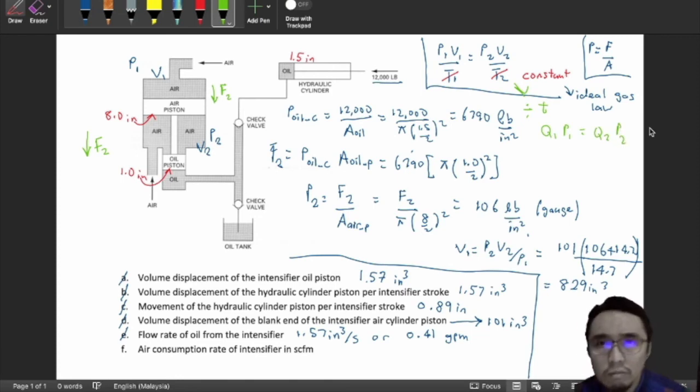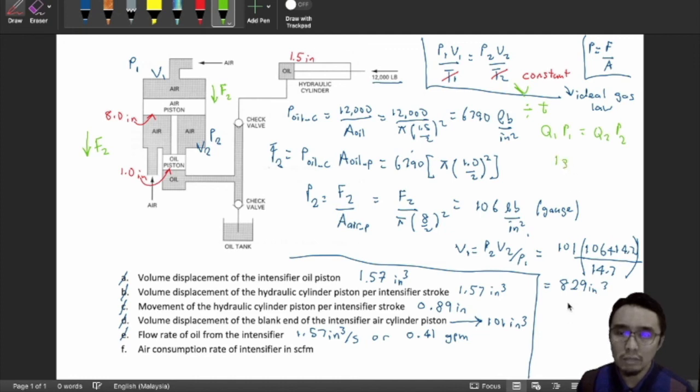If you divide it by time, then instead of having V1, it's just Q1. The time that we want is just 1 second, so that means Q1 is also equal to 829 cubic inches per second.